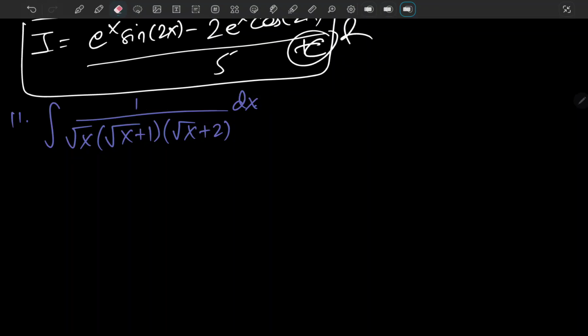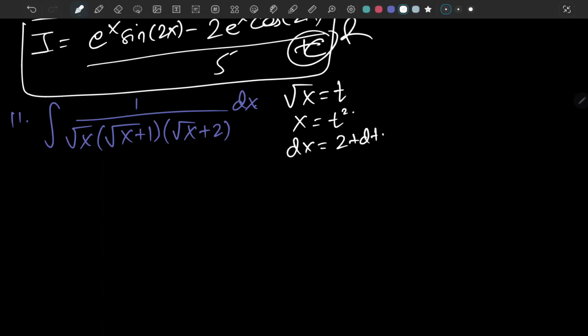But the examiner, the father of this question, has quite a good brain, and he just played with that. So to remove any kind of term from the denominator, we just have to let square root of x equal t. So x becomes t squared, dx becomes 2t dt, right?